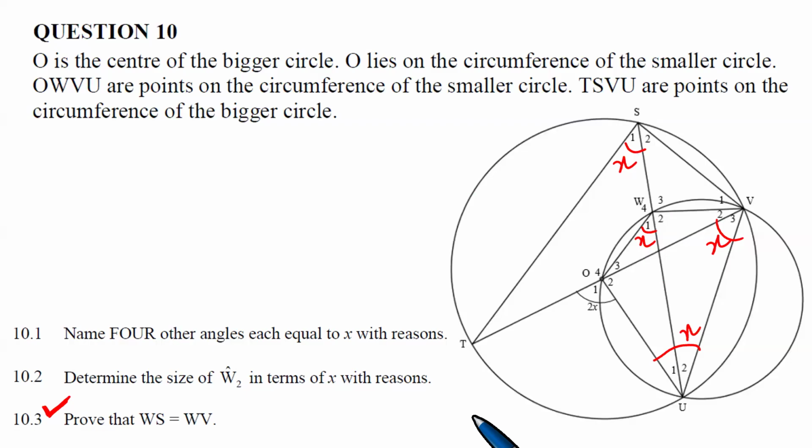Prove that WS is WV. So can you do it in triangle form? Yes, you can.